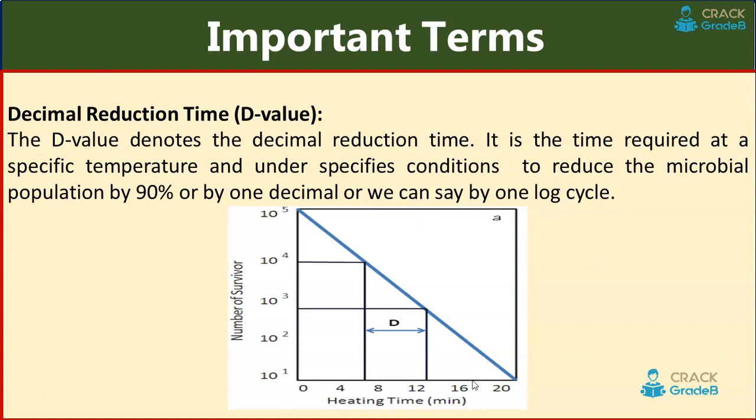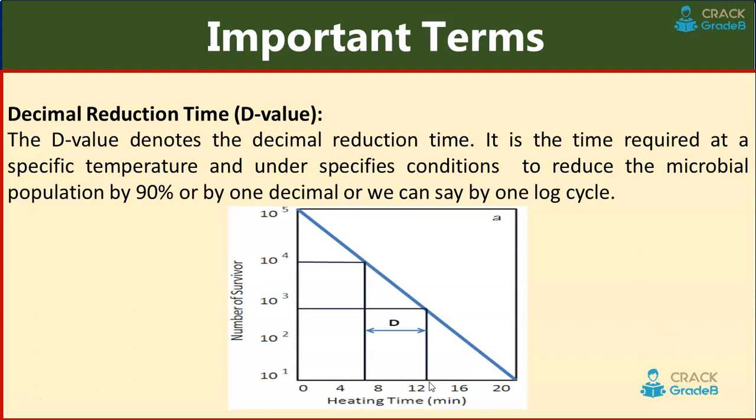This is a graph from which we can calculate the D value. The y-axis shows the number of survivors, while the x-axis shows the heating time in minutes. When a medium is being heated for 7 minutes, let the load of a hypothetical microorganism be 10 to the power 4.